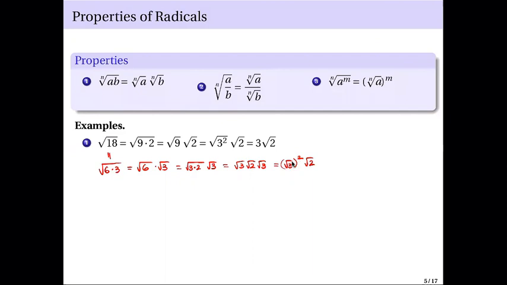Same principle. It's like the square root will cancel the square here, or the square will cancel the square root, and you will still get 3 square root of 2. Okay? Questions?